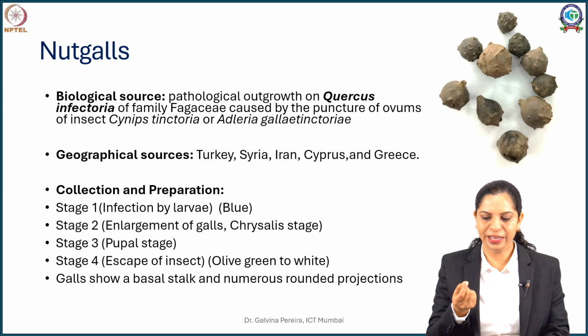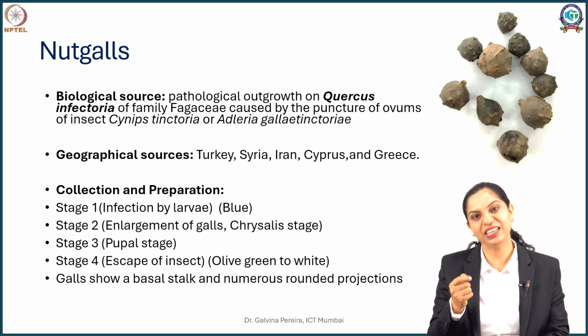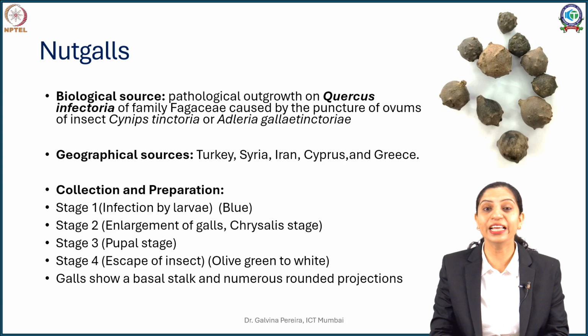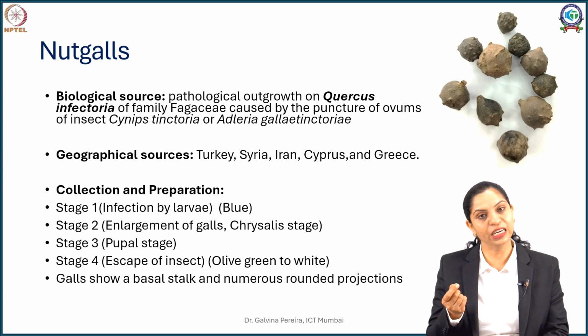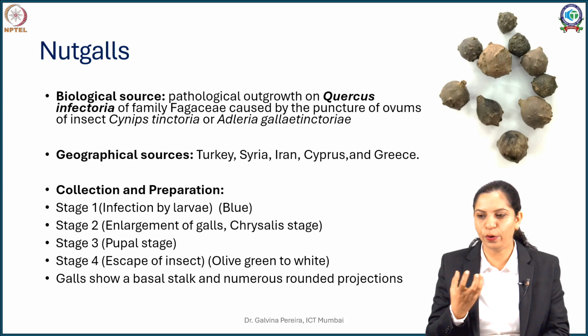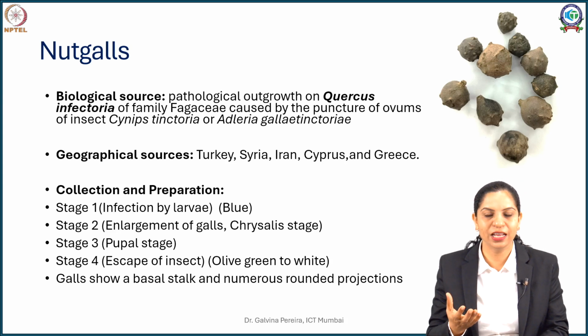As the eggs mature and little larvae come out of them, the larvae start infecting and feeding on these young twigs. Now when they start feeding on these young twigs, in them you will have starch, and this starch is utilized by these insects through the production of something like an amylase. The starch is converted into glucose.